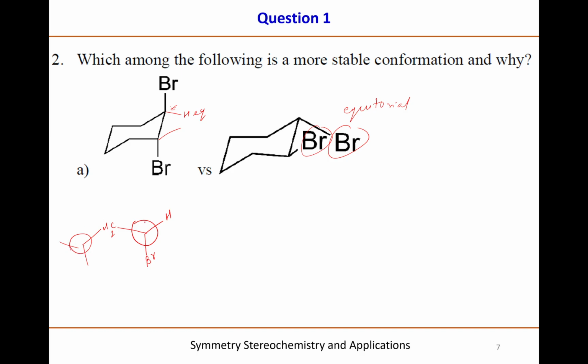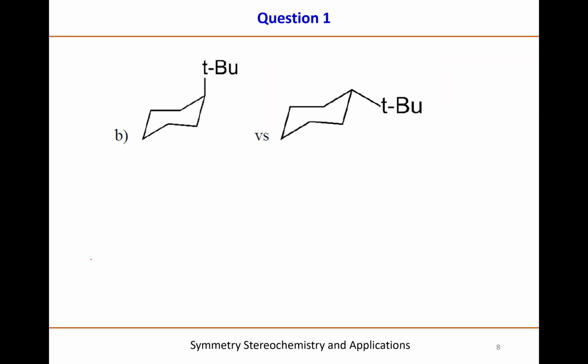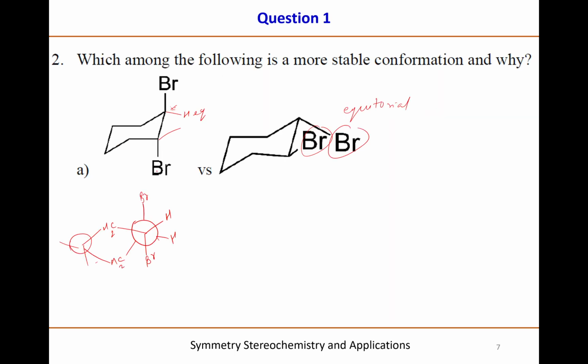Okay, and here we have Br, H, and here again CH2. Okay, now talking about this Newman projection.